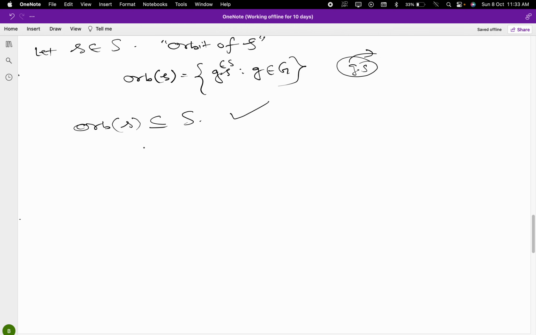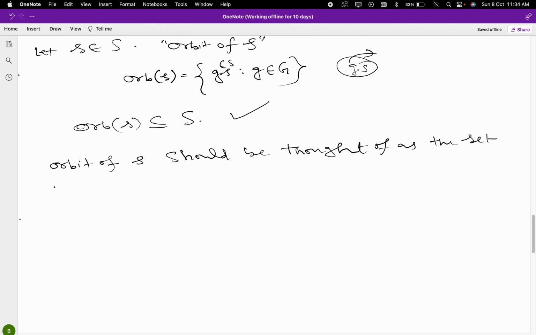So the orbit of s can be thought of as the set where s travels under the action of G.